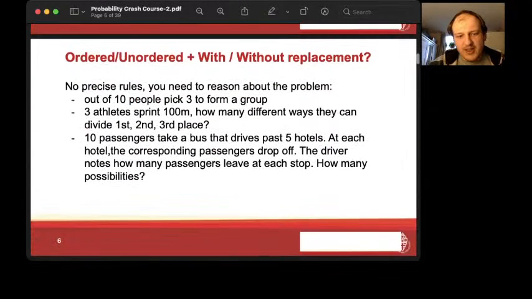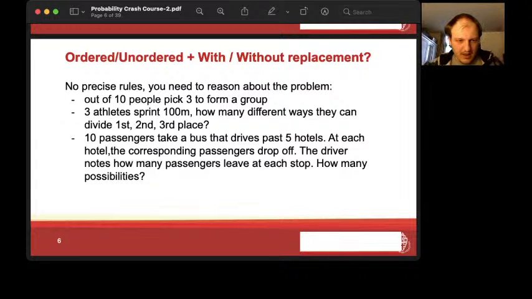The harder part is actually to reason about which of these is the case. And there's not exactly any rule of thumb which will tell you exactly which one it is. So you have to get in the practice of reasoning which one is unordered, which one is ordered, and with and without replacement.